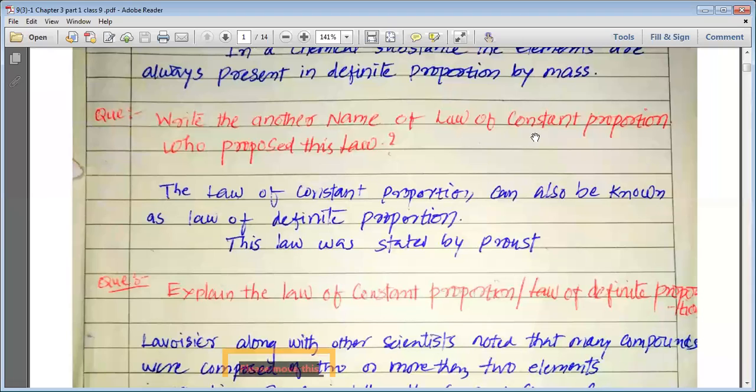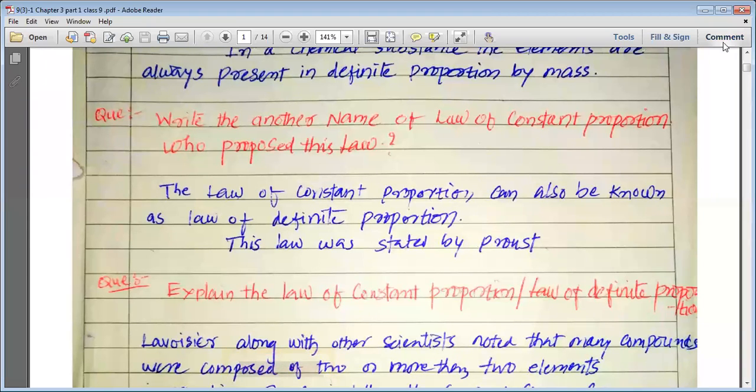Write the another name of law of constant proportion and who proposed this law. The law of constant proportion can also be known as the law of definite proportion, and this law was stated by Proust. Proust is the name of the scientist.